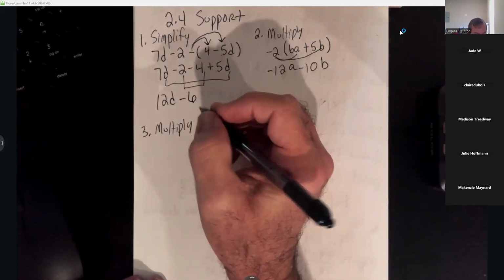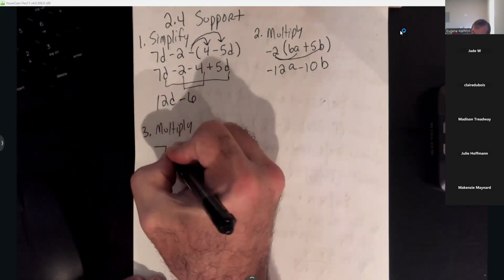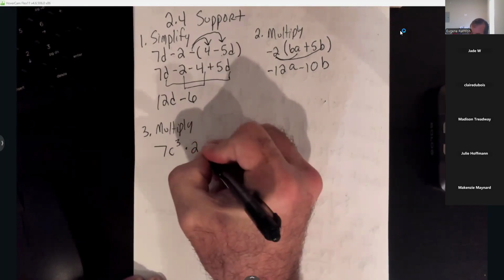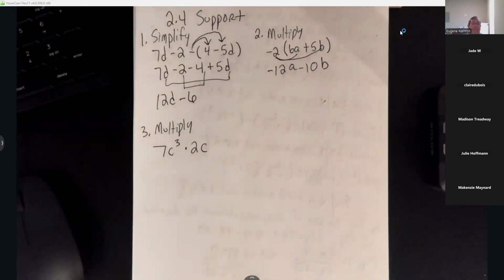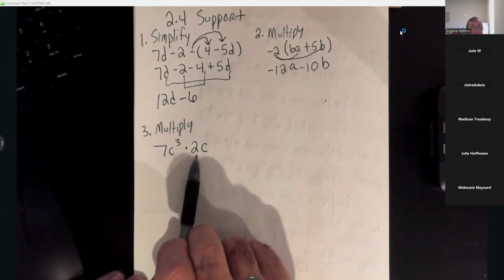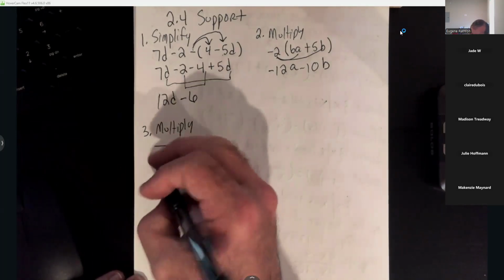All right, let's see what y'all do here. We're going to multiply this next one. 7c cubed times 2c. So y'all, first you want to multiply the numbers. 7 times 2 would give us what, 14?